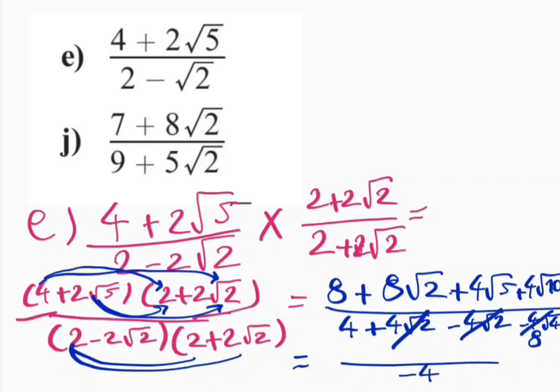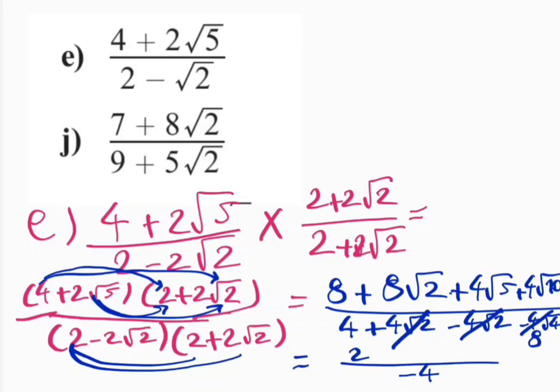And the numerator, we can just leave in this form, or we can even factorize it. But the point of this question is just being able to rationalize, so we are not aiming for simplifying it. We can just leave the numerator as it is, because obviously we can't simplify this anymore. We can just factorize.